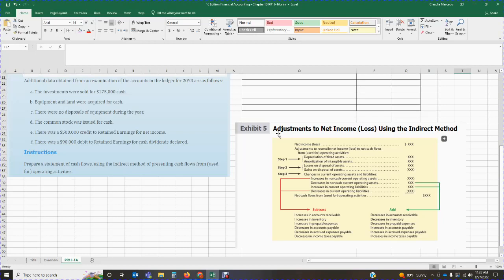I think this financial statement is the most complex of them all. So until we learn this by heart, we are going to be referring to Exhibit 5 for a general understanding of what we should be doing. Should we be adding? Should we be subtracting? The steps involved. My recommendation: print this out and have it next to you as we prepare.